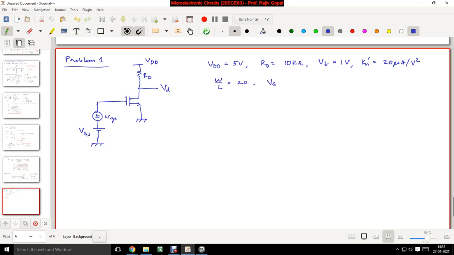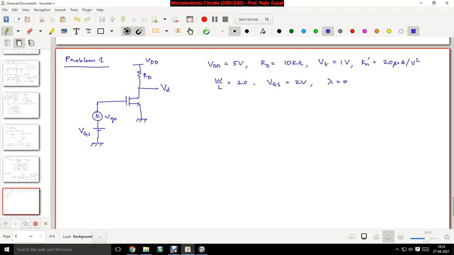Capital VGS is not the input signal, it is the bias gate source voltage, so that is 2 volts. And lambda is 0, meaning no channel length modulation.